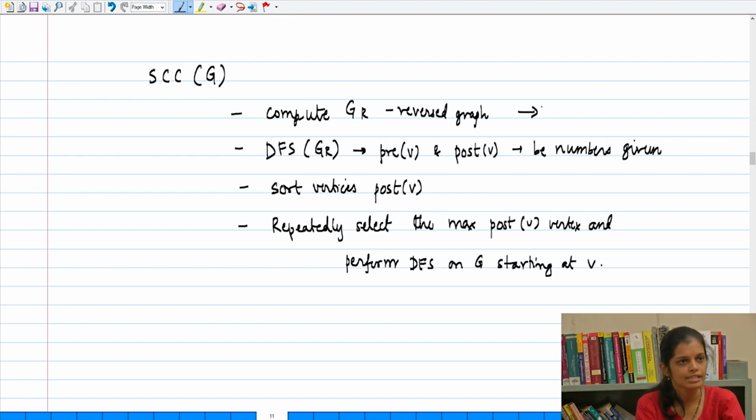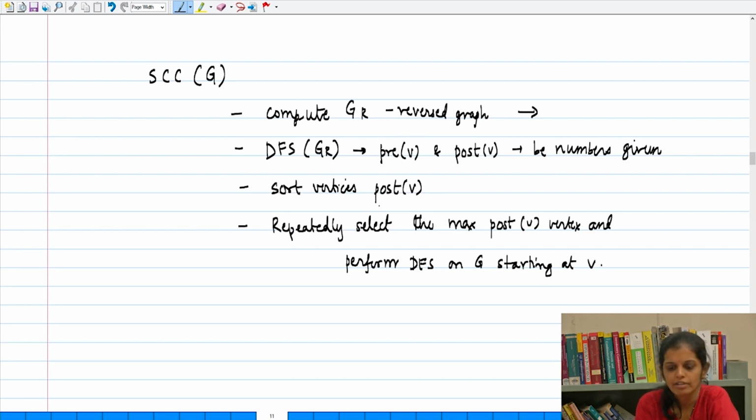It is linear in the size of the graph. Every time you see an edge, you insert a reverse edge into the other graph, which we call GR, and there are m edges that you will traverse. So you get a linear time algorithm to find the reverse of the graph. Now DFS, we have already seen, takes linear time. So DFS of GR will also take linear time.